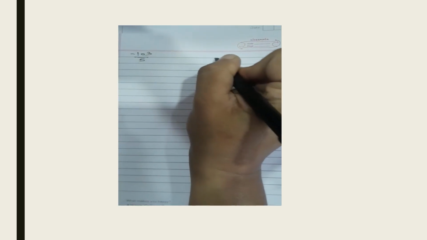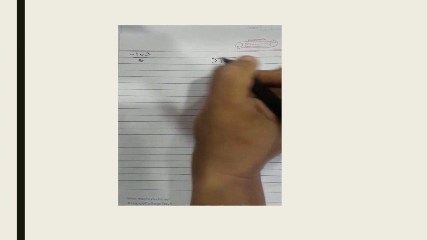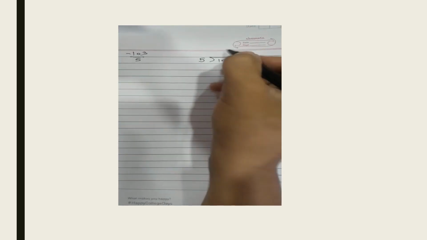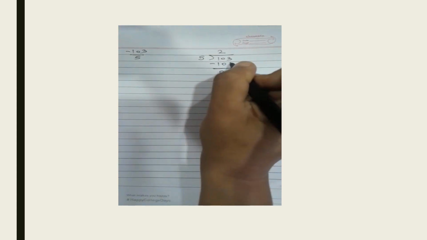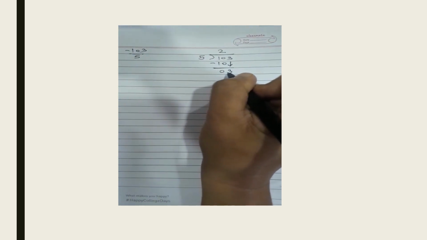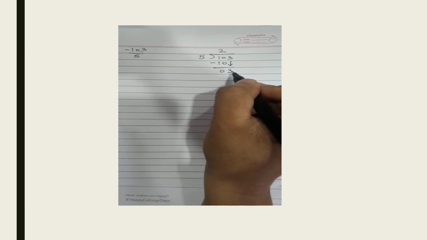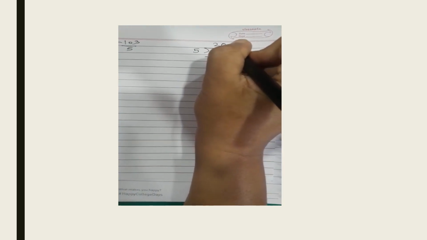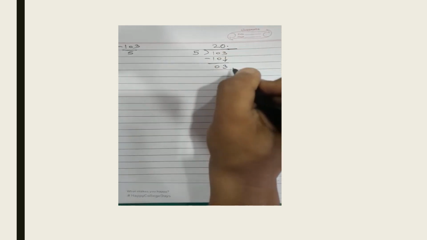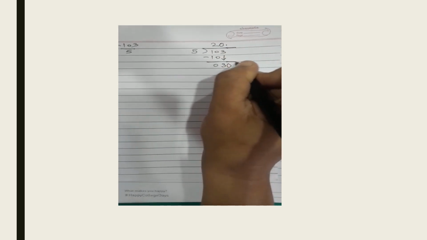The fourth example from this practice set is minus 103 upon 5. Now divide 103 by 5. 5 twos are 10. Remainder 0. Take this 3 in this place. Now we cannot divide 3 by 5. Therefore add 0 in the quotient place, then give a decimal point and again add 0 after 3.